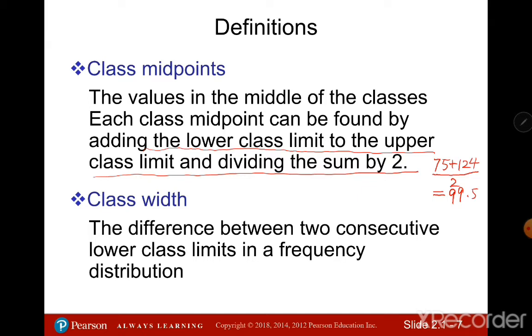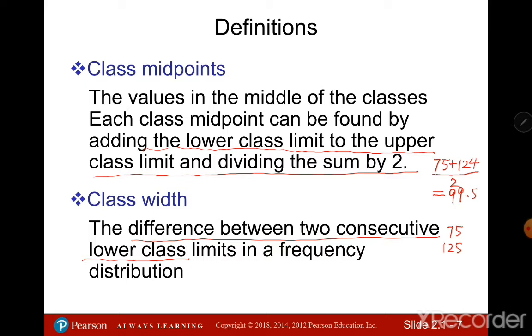Make sure you know it's the difference between two consecutive lower class limits. If you go back to the example, we know the first lower limit is 75, then the second lower limit is 125.